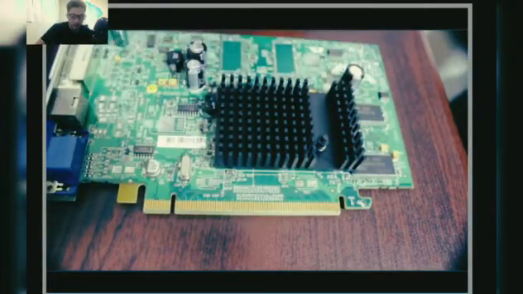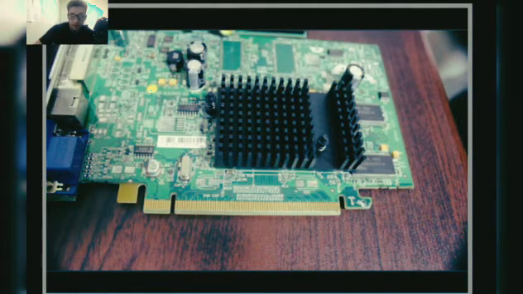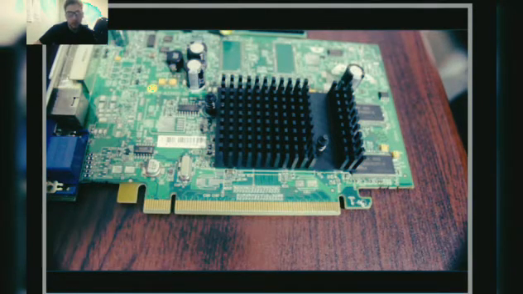So essentially, that is the difference between a CPU and a GPU. One is a computational processing unit, and the other is a graphics processing unit, used for two different tasks. One is for computational loads, such as loading standard programs and computing basic things. You can think of it as a really overpowered calculator.